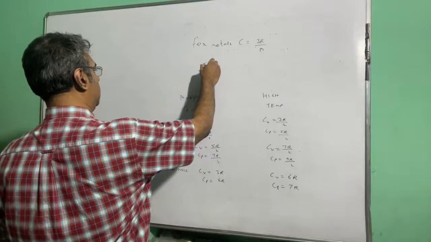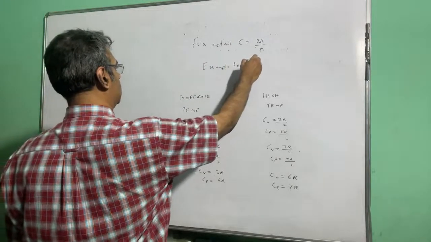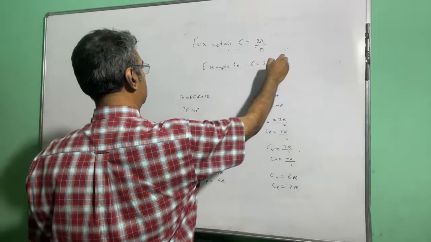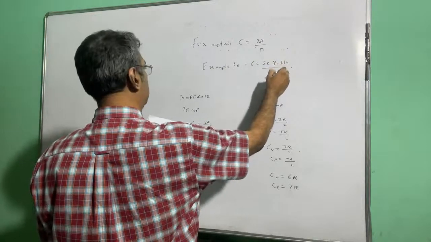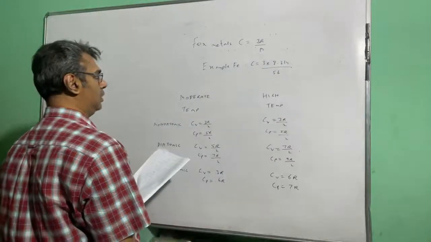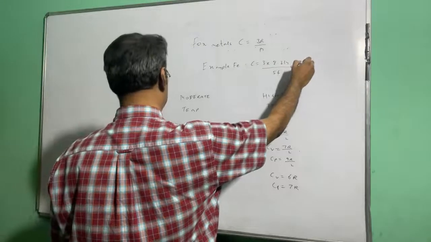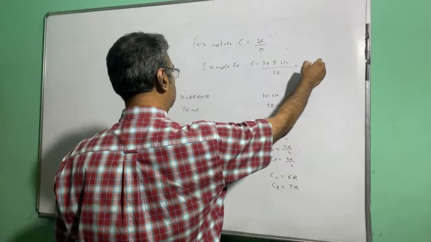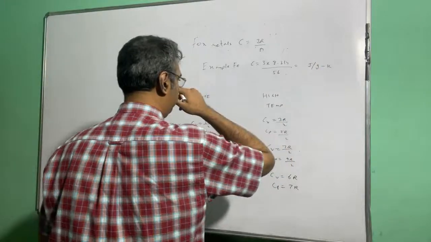Let's take an example. Suppose the example is iron. It will be 3 into 8.314 by 56, and the unit will be joule per gram Kelvin.